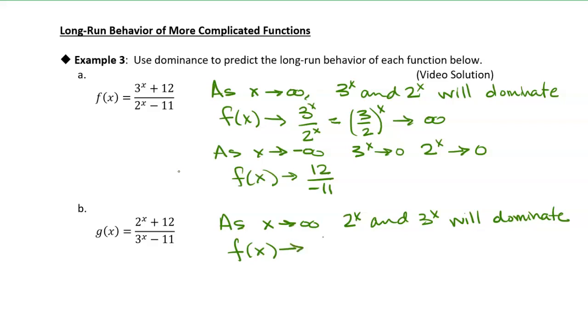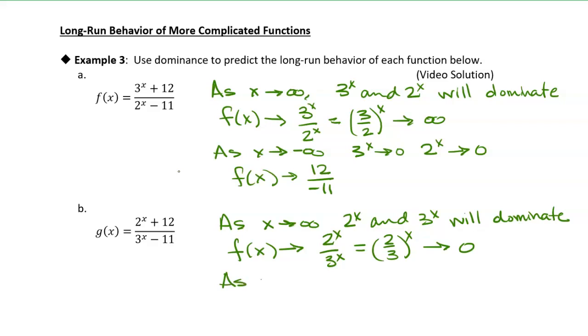So it's going to start looking like 2 to the x over 3 to the x, which I can rewrite as 2/3 to the x. And as x gets larger and larger, because 2/3 is less than 1, raising it to bigger and bigger powers makes it go to 0. So as x goes to infinity, this function goes to 0.